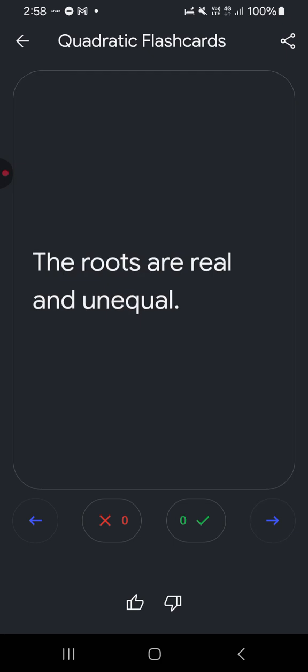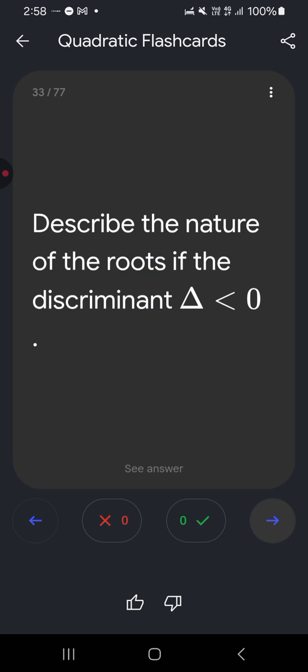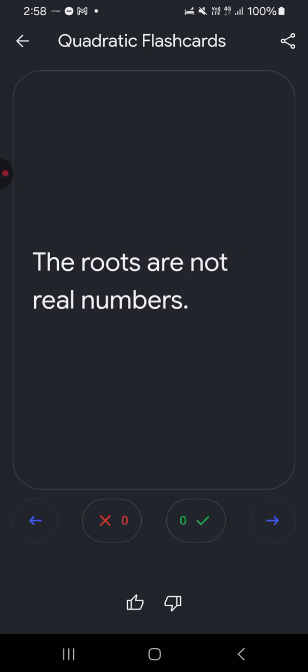The roots are real and unequal. Describe the nature of the roots if the discriminant is less than 0. The roots are not real numbers.